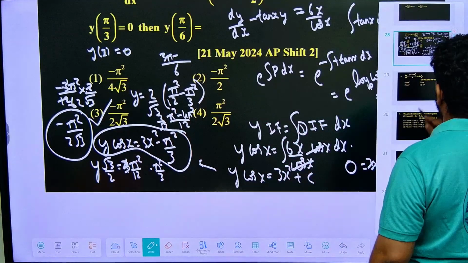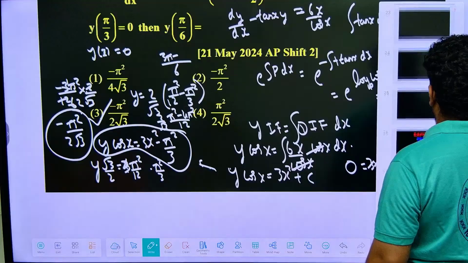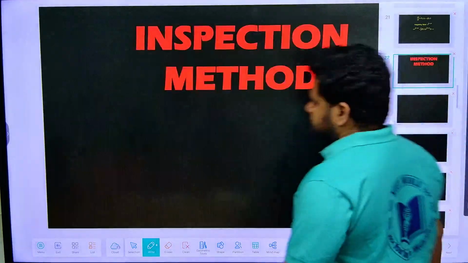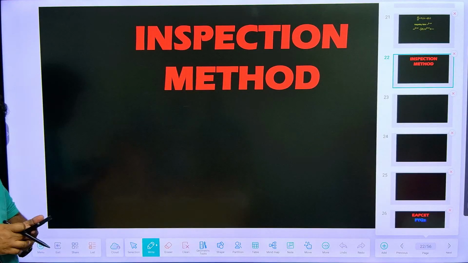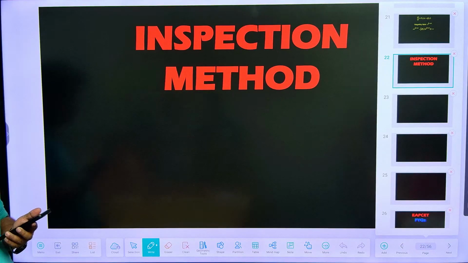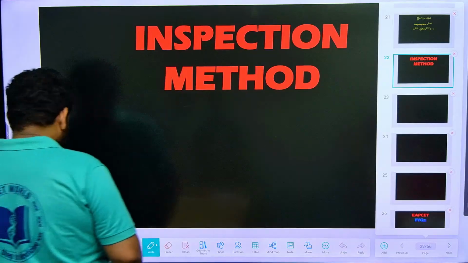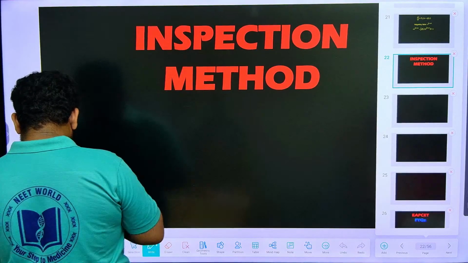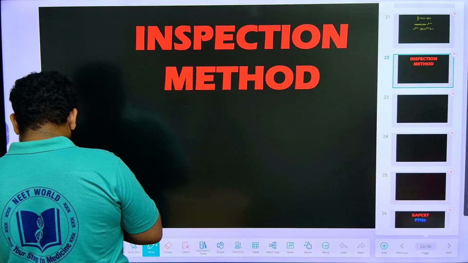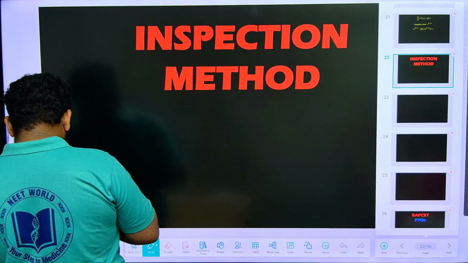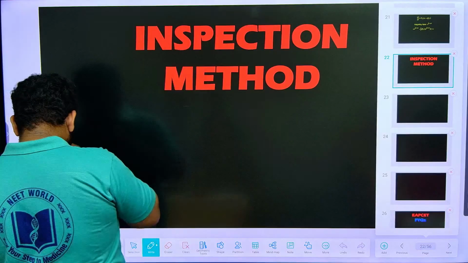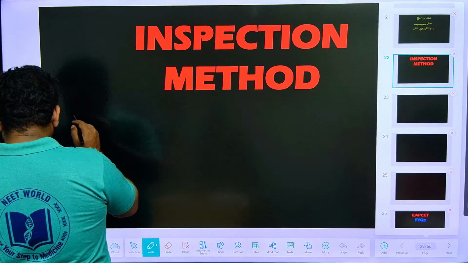Next we will go straight away to the inspection method, very important. So earlier we solved one question.